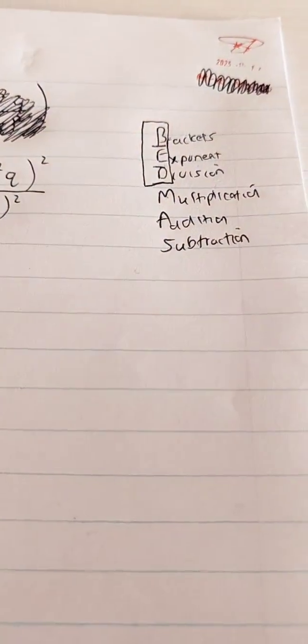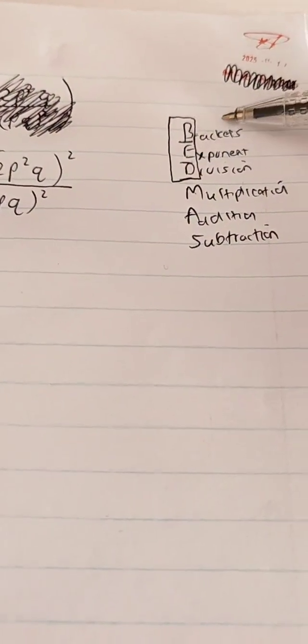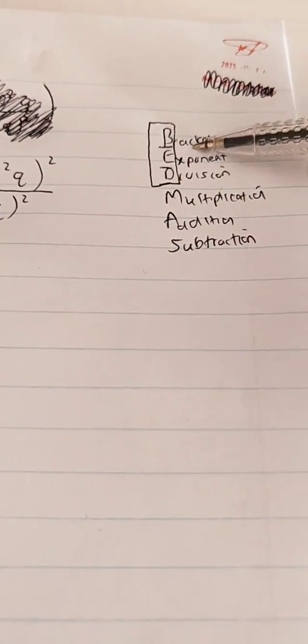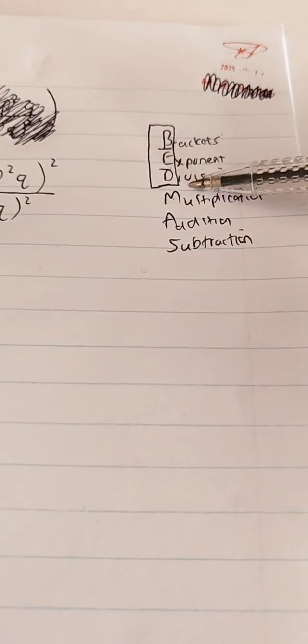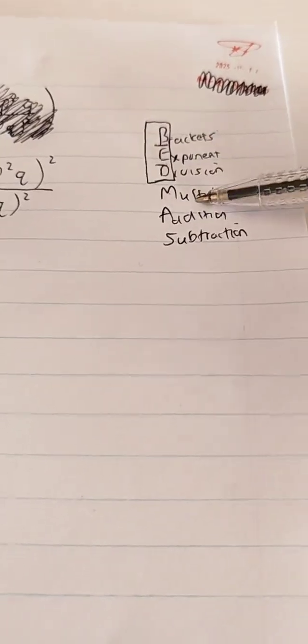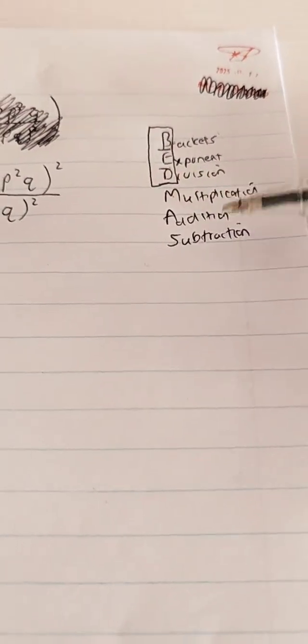The order in which you operate is: you first deal with the brackets, then you follow with the exponents, then the division if there is any, then multiplication, then addition, then subtraction. In that order, guys, in that order of priority. I hope you are with me here.